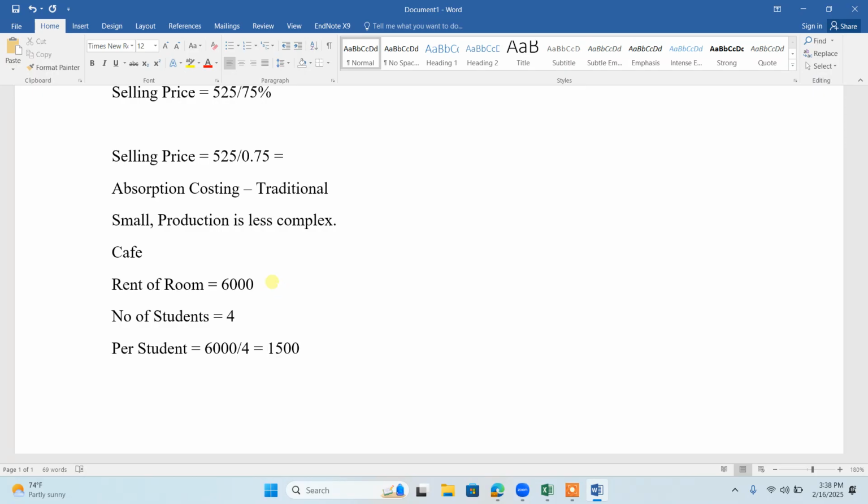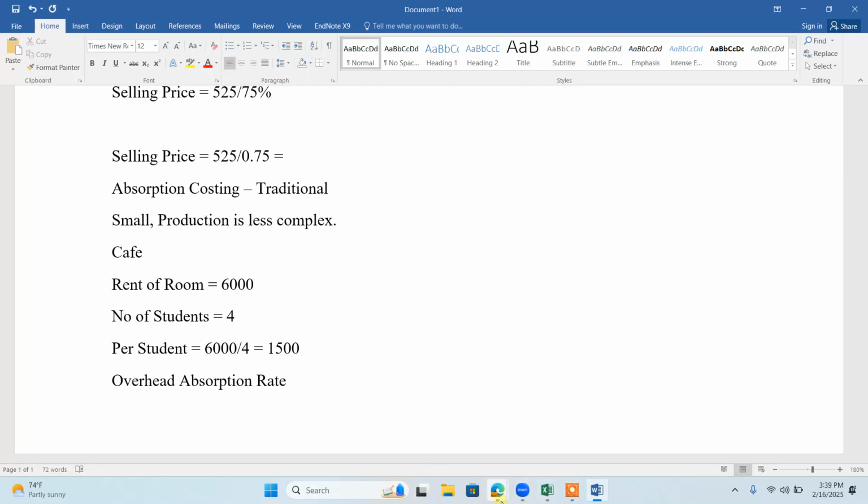If you want to calculate the per unit cost, in this case we call it the overhead absorption rate. What does this mean? This means we calculate the cost per unit of the overhead.